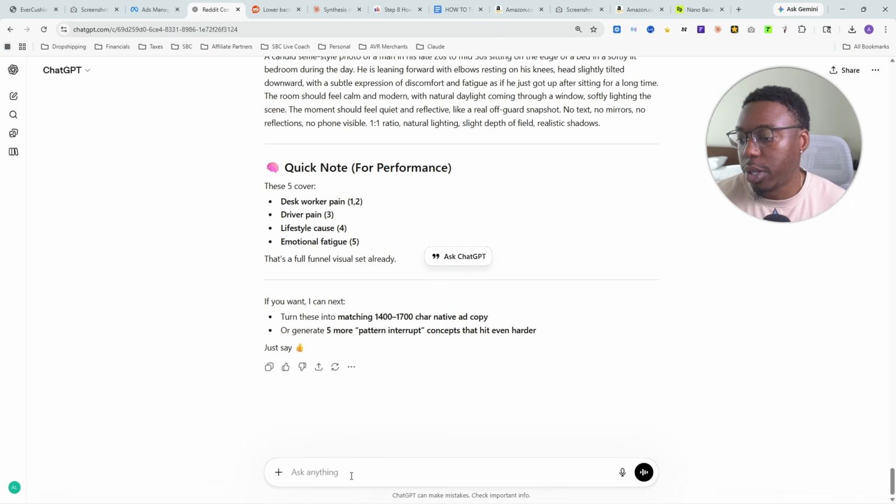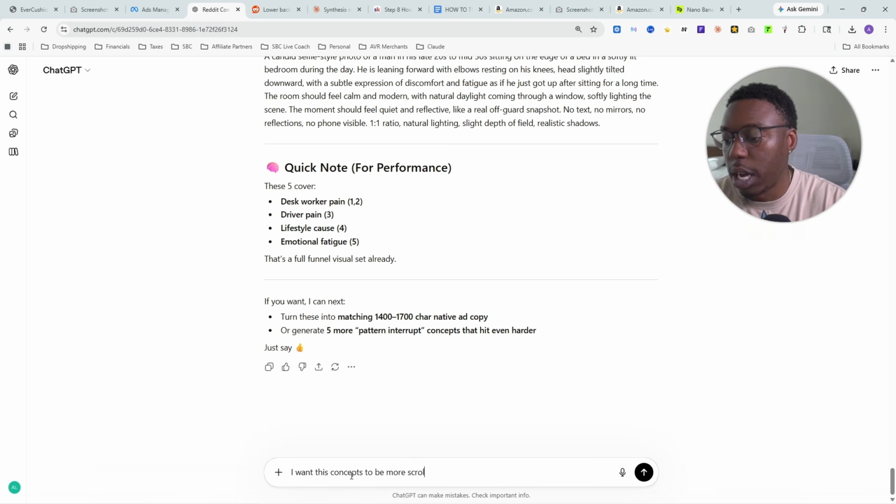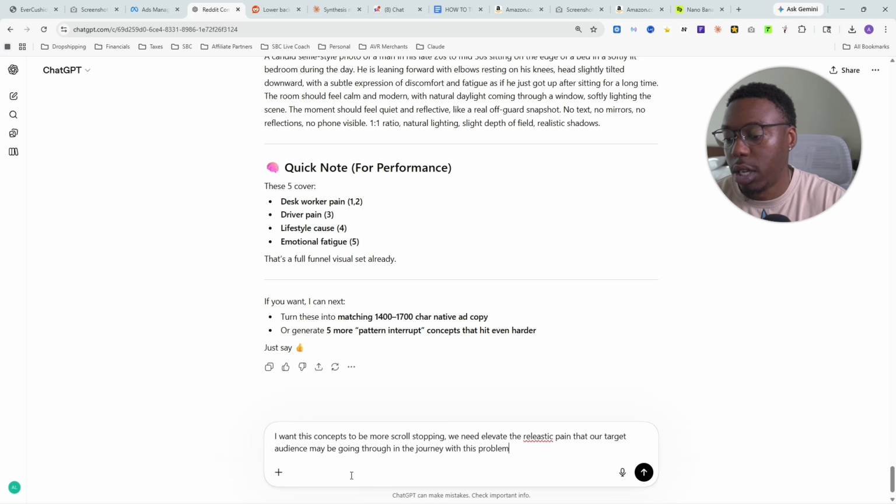All right, so what we can always do is just prompt it and say, I want these concepts to be more scroll stopping. We need to elevate the realistic pain that our target audience may be going through in their journey with this problem.